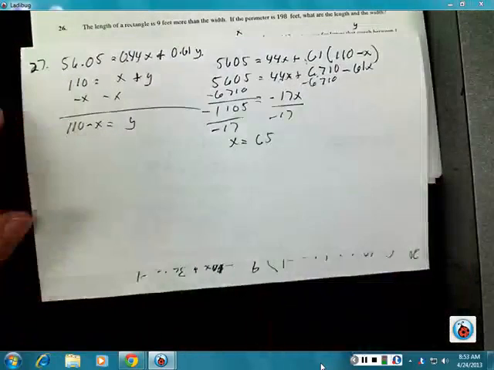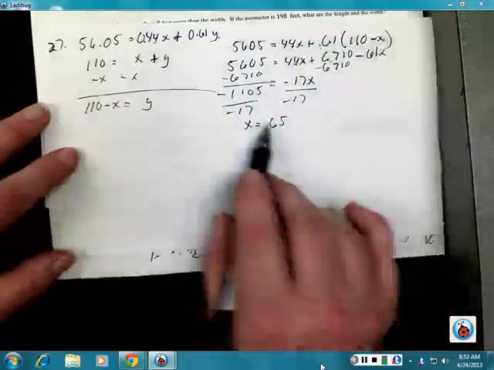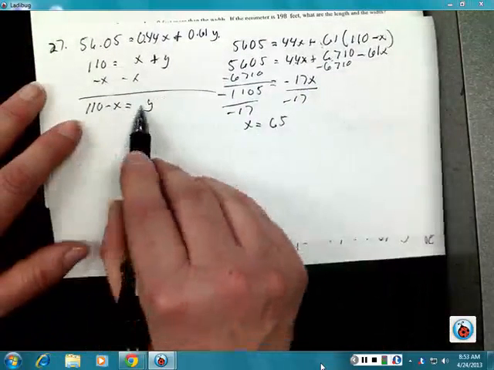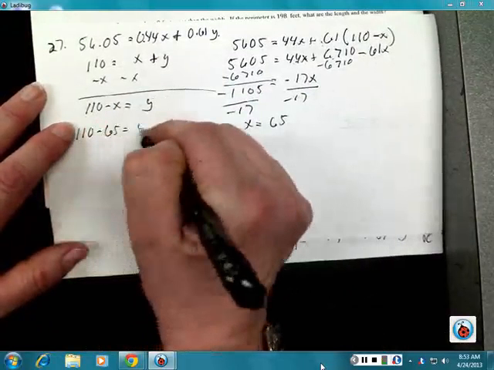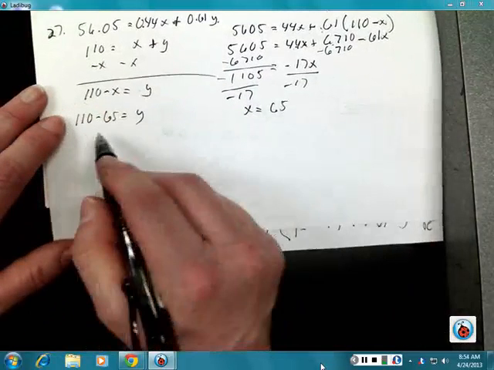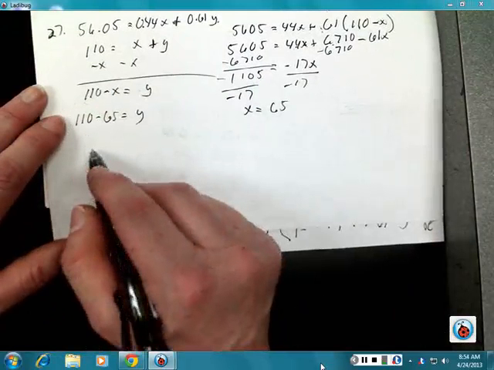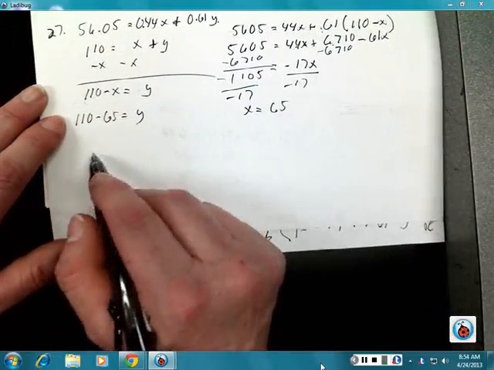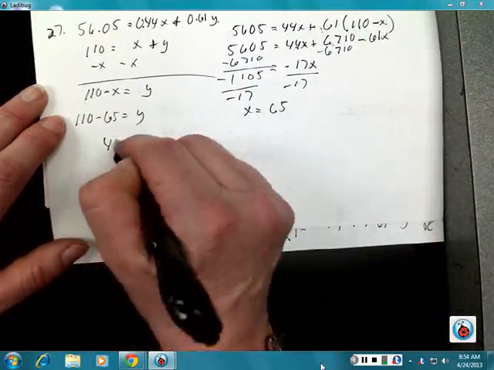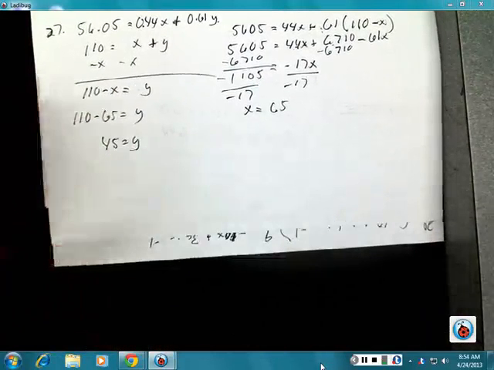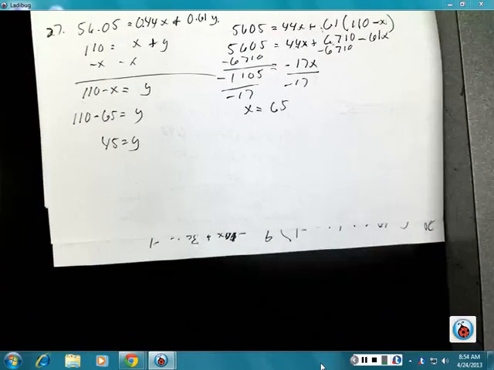Okay. And then how many does he need to purchase of Y, or the 61-cent stamp? So then take 110 minus 65 from it, and you will find out what Y is. So what's Y going to be? 45 equals Y. Okay. And that's what you do with 27.